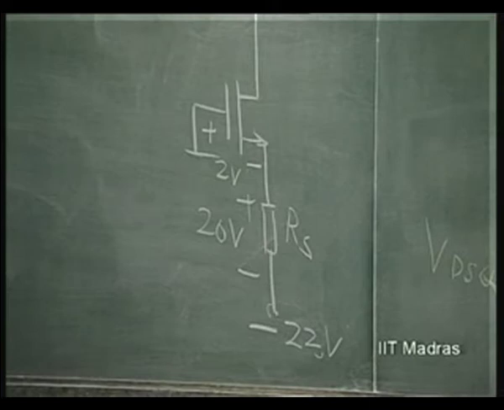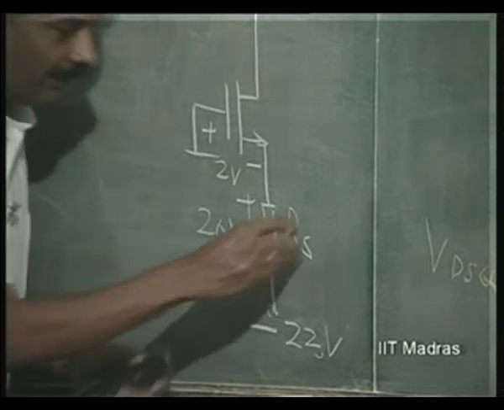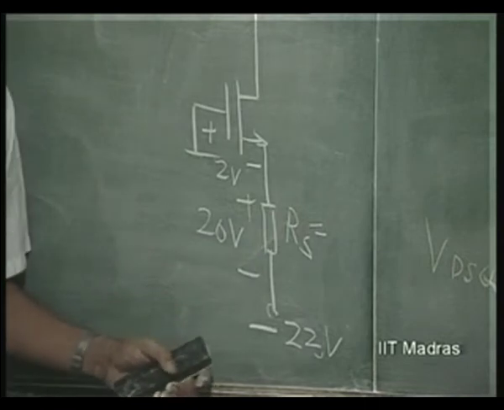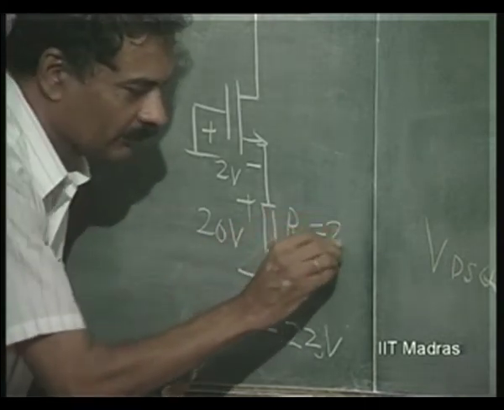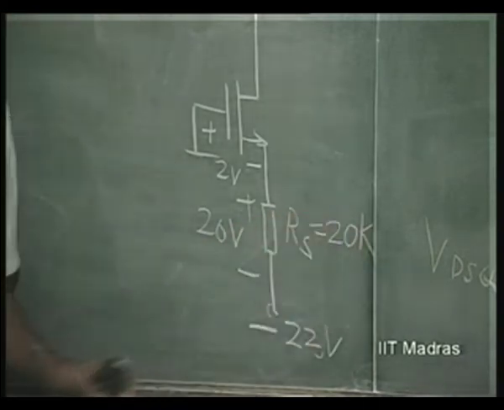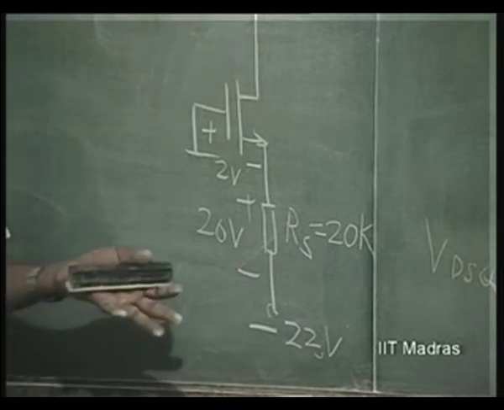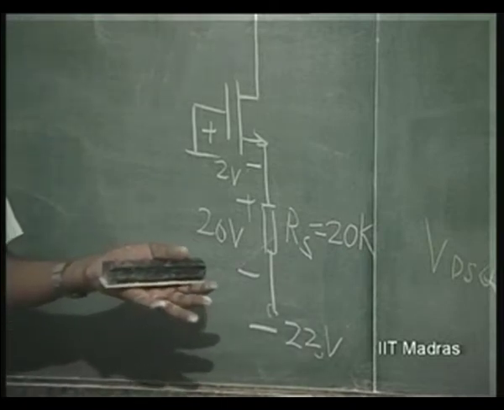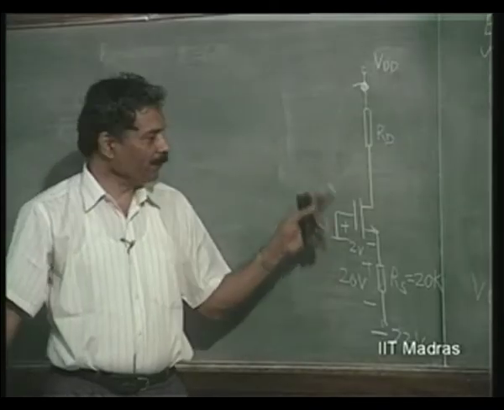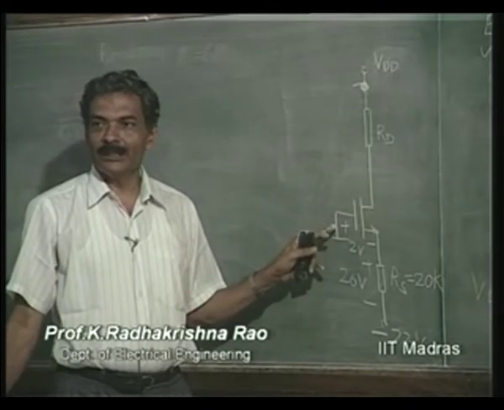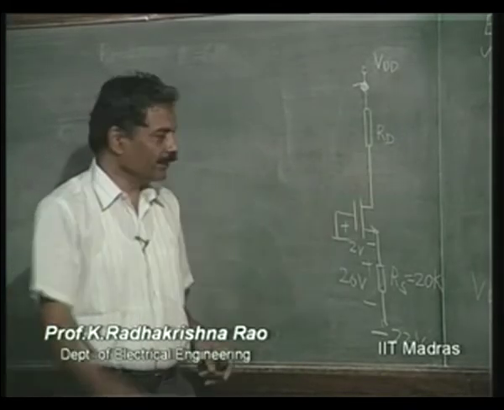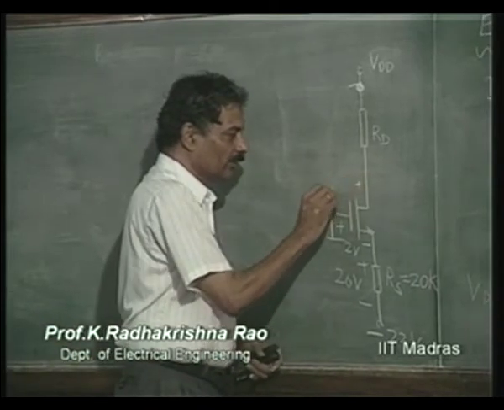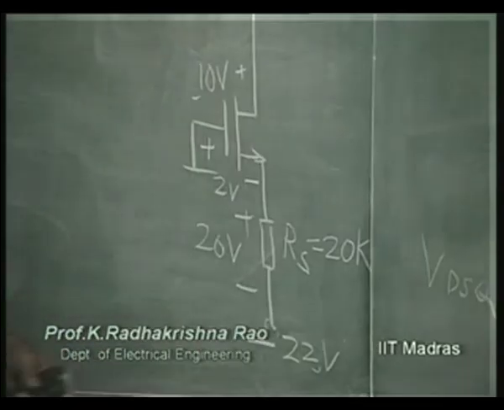Is this clear? So, what is the value of RS? 20 kilo ohms. That fixes up the current independent of this VDG. VDG is going to be 10 volts.